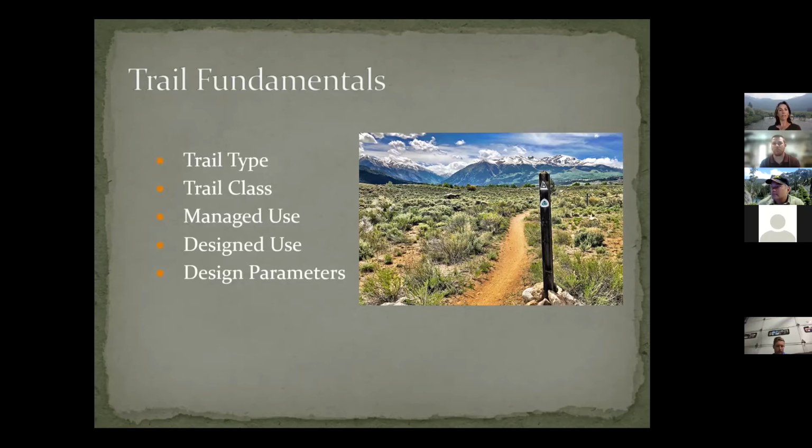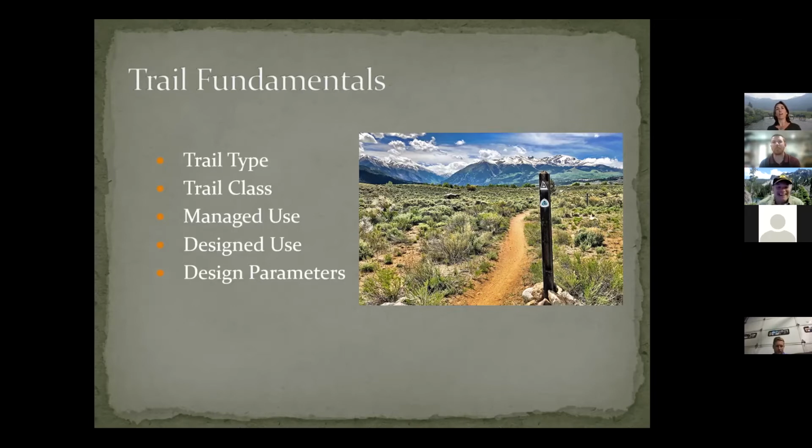And then managed use: you can have several managed uses on a trail. It's basically the modes of travel that we're actively managing for. So for example, you could have a multiple use trail, but the managed use could be, let's say, bike use. Okay, that's a bad example.